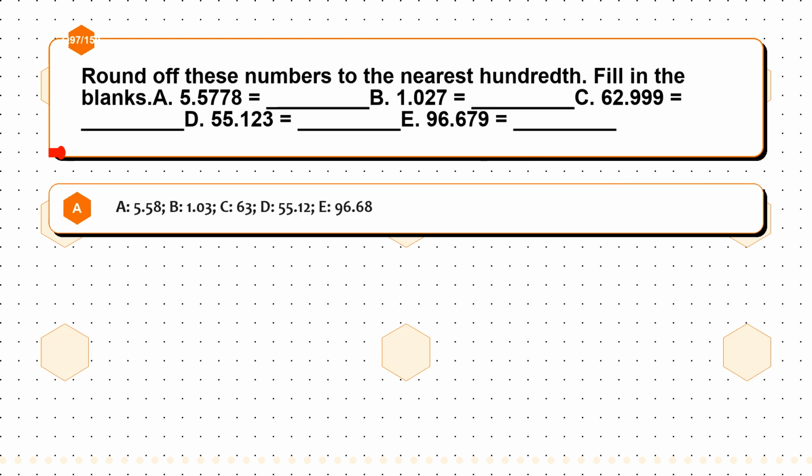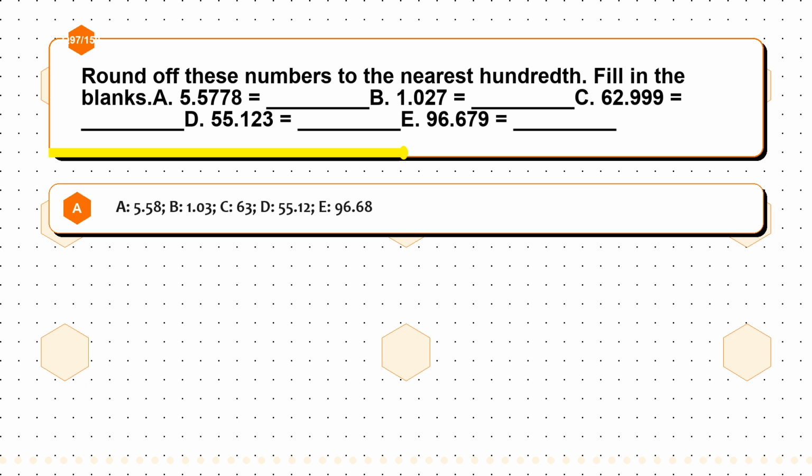Question 97. Round off these numbers to the nearest hundredth. Fill in the blanks. A, 5.5778 equals blank. B, 1.027 equals blank. C, 62.999 equals blank. D, 55.123 equals blank.